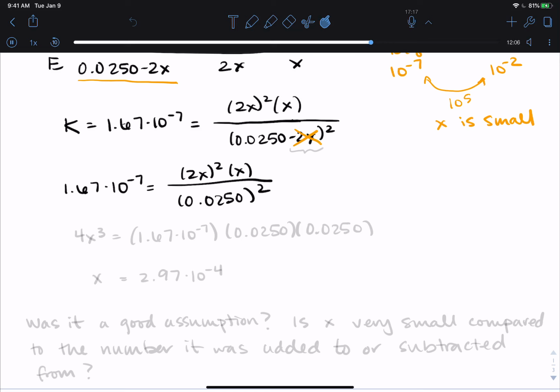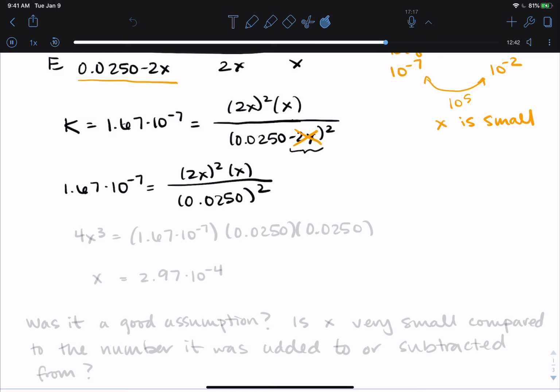So I've completely eliminated the need for the quadratic formula, and hopefully I'll end up with something pretty close to the right answer, and we're going to test that at the end. So x is small means eliminate this subtraction of x, or it might be a plus x, and if you have it in multiple terms, you would eliminate it from multiple terms. You will get everything down to where it's really straightforward to solve for x algebraically.